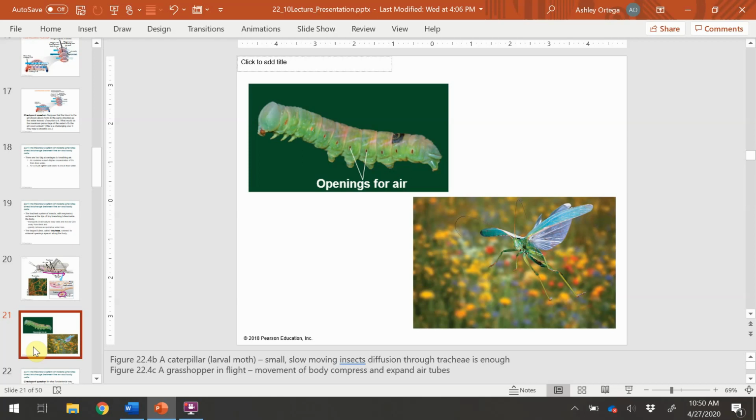But more active insects like the grasshopper in the bottom right picture, and that's in flight, his body movement will help compress and expand those air tubes, and so that will help get those gases exchanging more quickly to compensate for the high level of activity that the grasshopper is doing there.